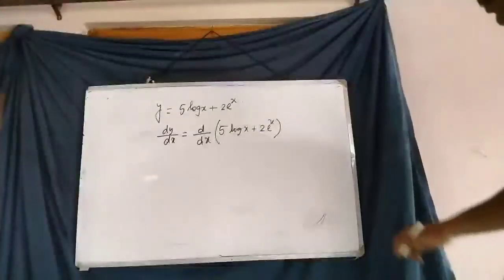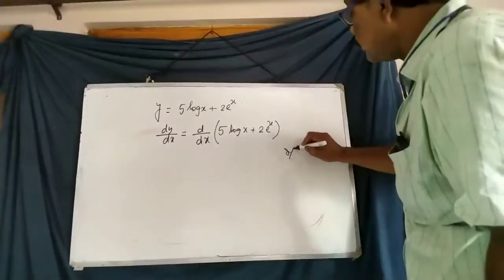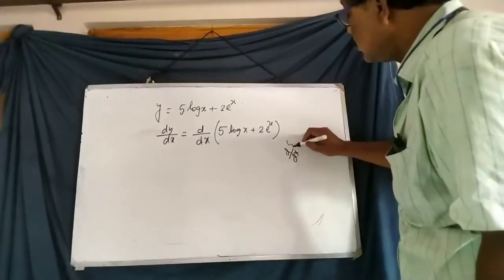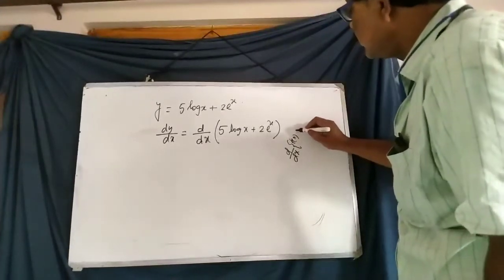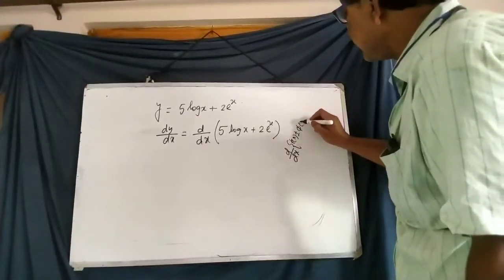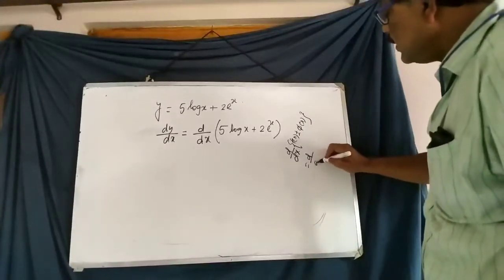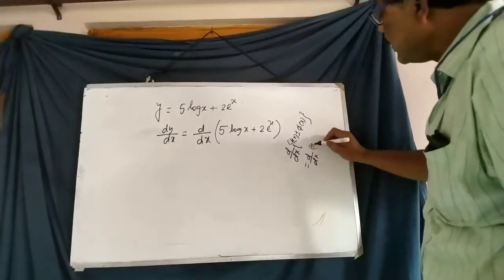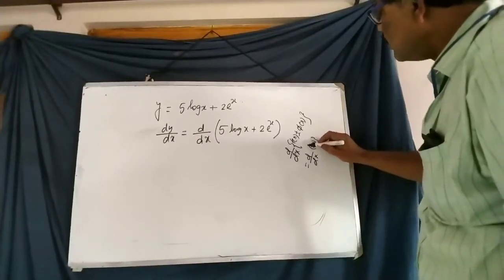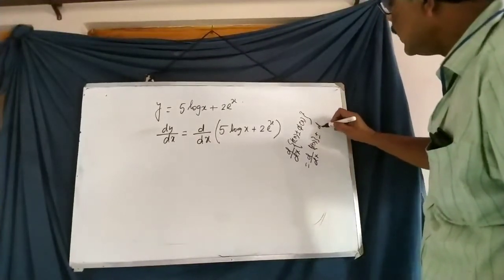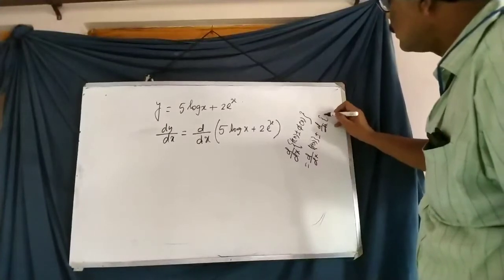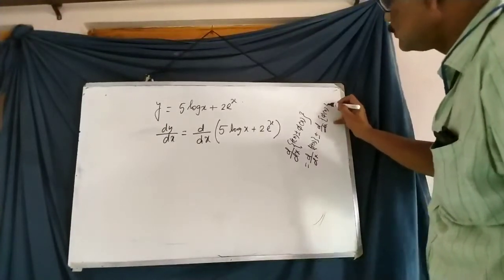Here, first we will apply the second rule, d/dx of f(x) plus minus phi(x). So the result is d/dx of f(x) plus minus d/dx of phi(x).